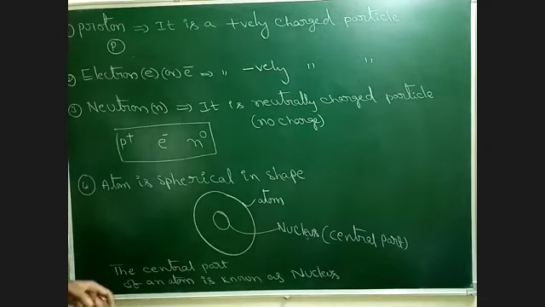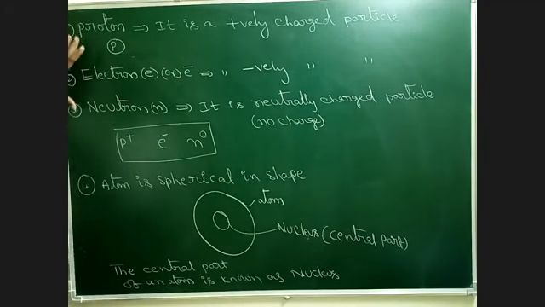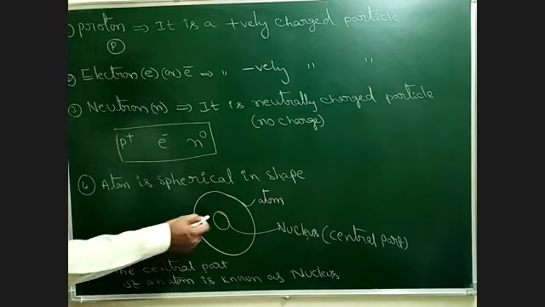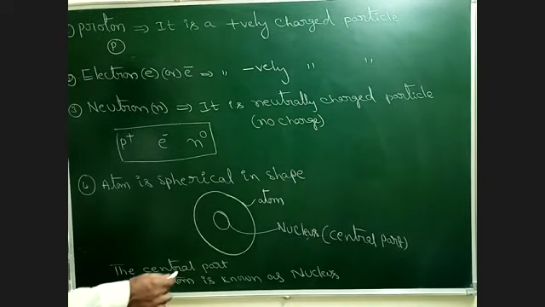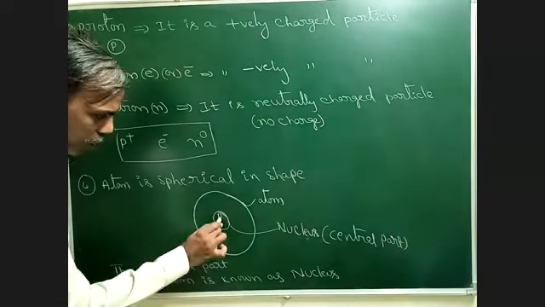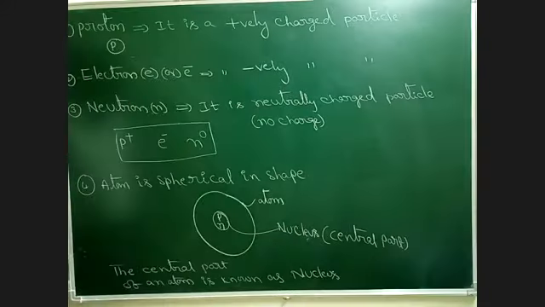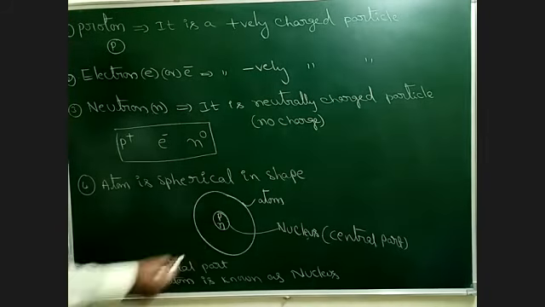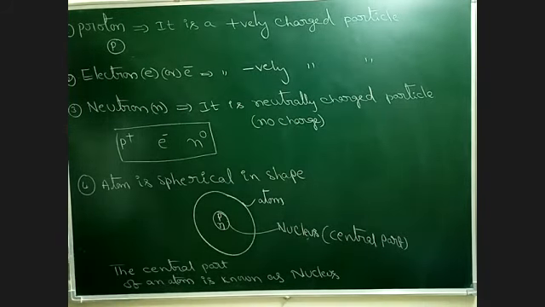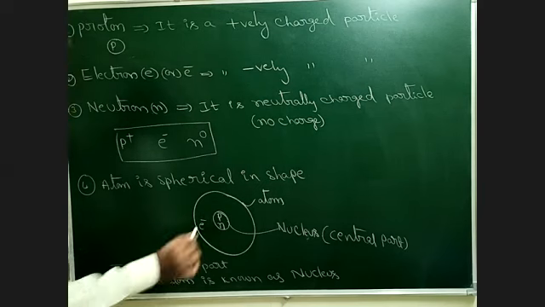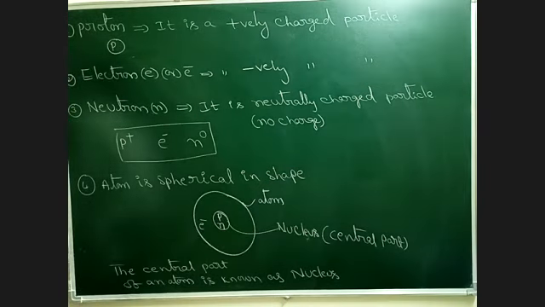Now let us see the location of these three fundamental particles, meaning where protons, electrons, and neutrons are present. In the central part, that is in the nucleus, protons and neutrons are present, and electrons are present outside of the nucleus.